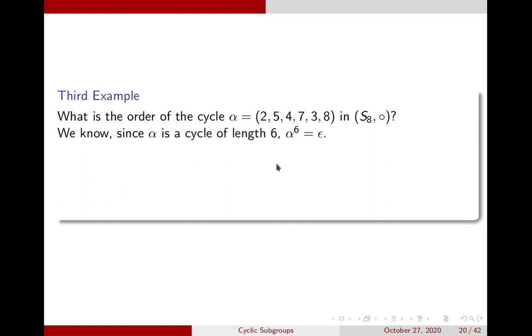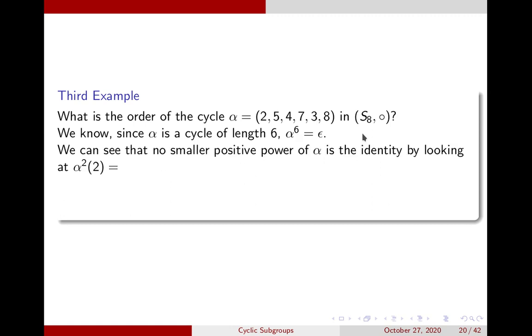Alpha is a cycle of length 6, so alpha to the 6th is the identity. Is 6 the smallest positive integer for which this happens? Yes, it is. We can see that no smaller positive power of alpha is the identity by simply looking at alpha squared applied to 2.